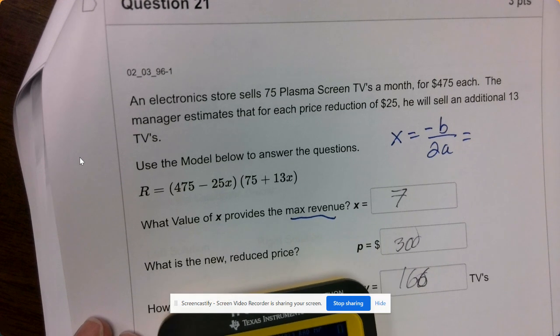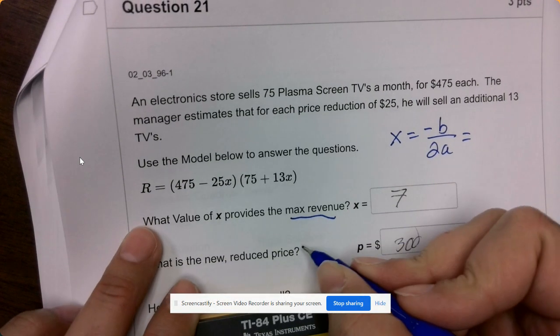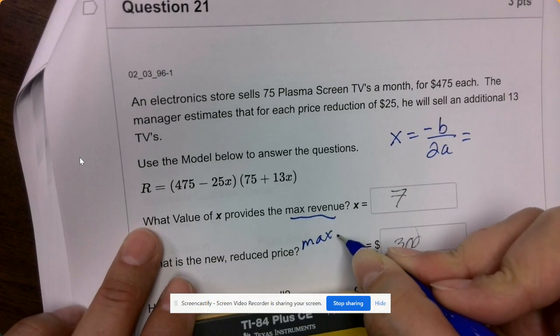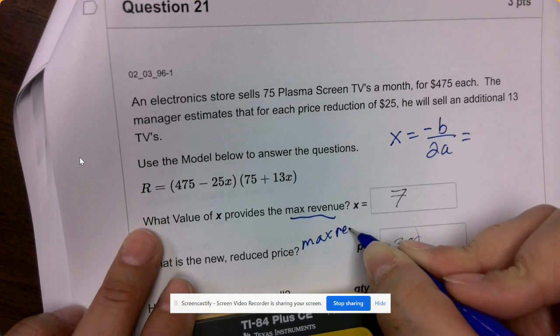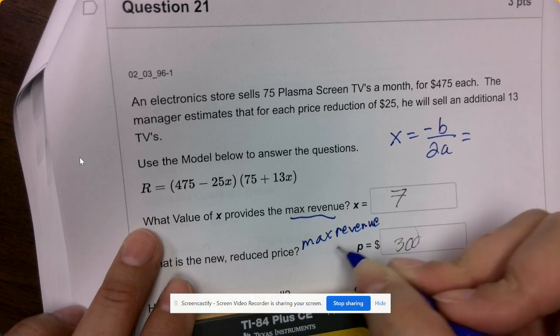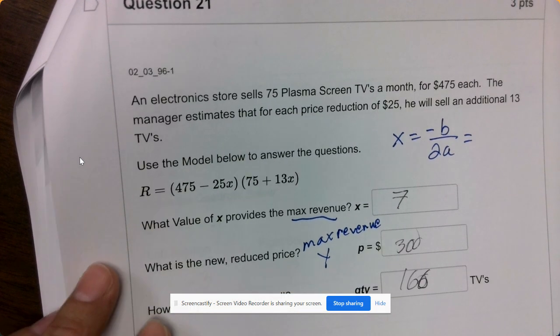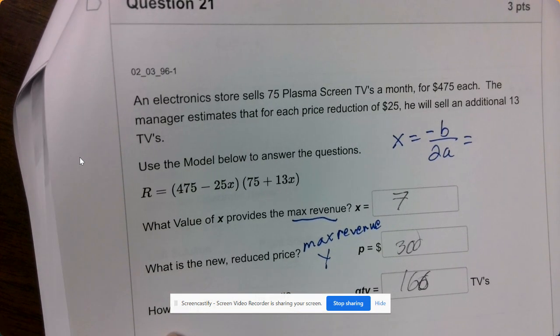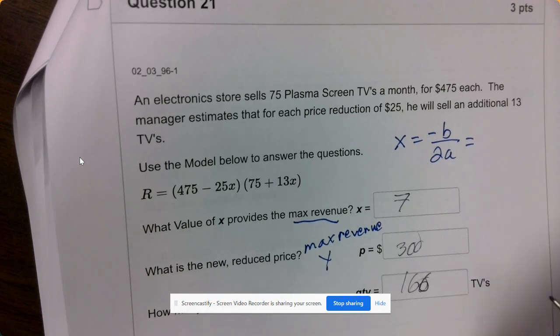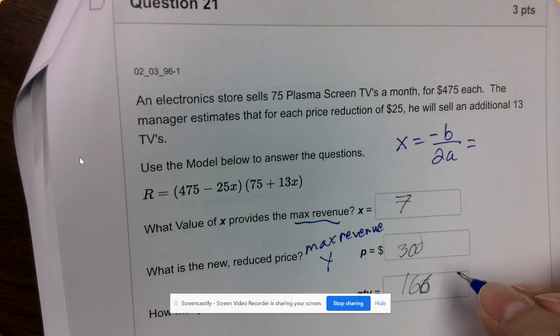So the new reduced price, they want that maximum revenue, the price. That's going to be our y value. And how many does he sell? That's going to be the quantity.